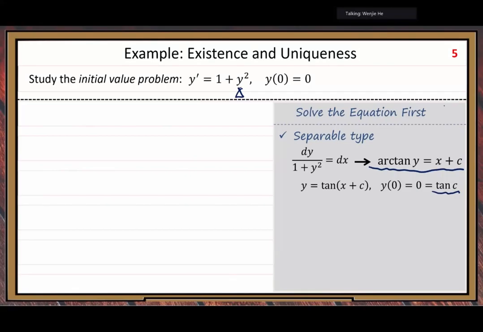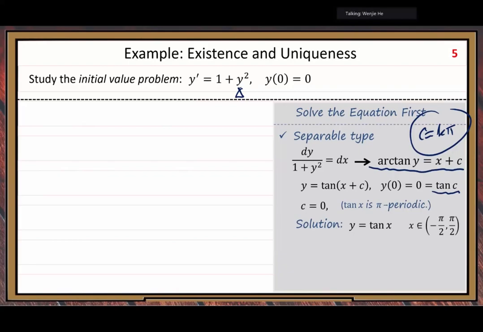C equals k pi. Okay? So tangent of k pi is 0, right? See? Pi periodic. So the solution is y equals tangent of x. So you have the solution. All right. So here, consider x in this interval.